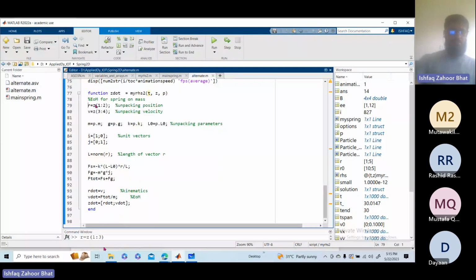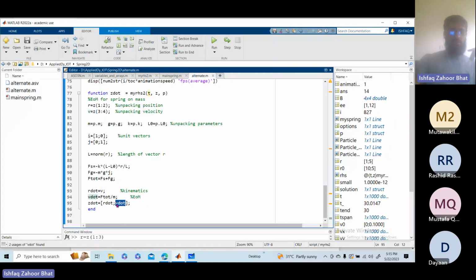Now this R is a vector which has two components, X and Y, and I am directly using that here as a vector. So I think everything is now there. One thing I know: R dot is nothing but velocity. See, we started from here: Z dot equal to R dot, V dot.